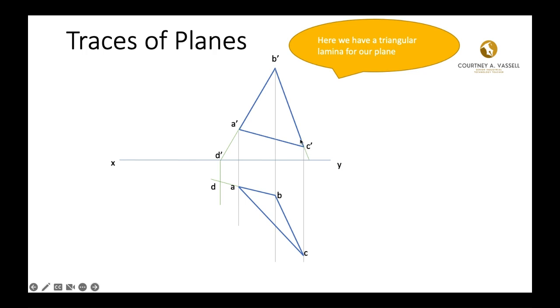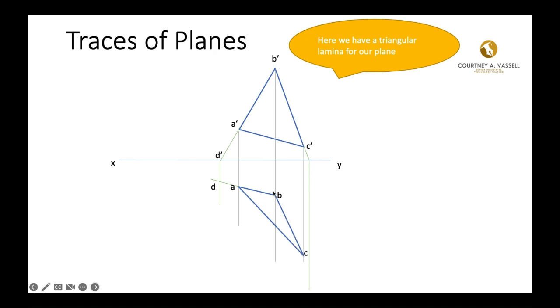Now, B prime, C prime, we extend on this one. I want to extend it here. We're going to get a line coming down. Once we have this line coming down, we could call this E, but it doesn't really matter what you want to call this point. So we extend this line down. Now remember, it was B prime, C prime that we extended, so we have to look for BC.